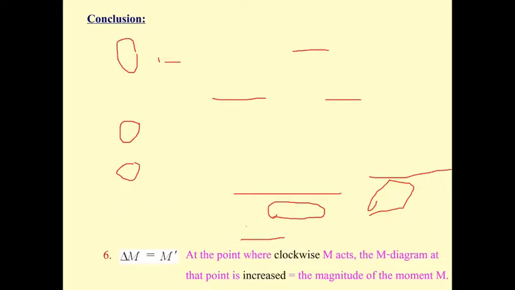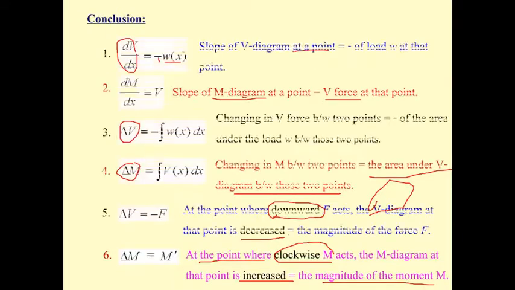And the sixth: at the point where a clockwise moment acts, the moment diagram will be increased by the magnitude of that moment. So to use the graphical method to draw the shear diagram and the moment diagram of the beam or frame, we're going to use these 6 relationships, and I will separate them into 2 groups.